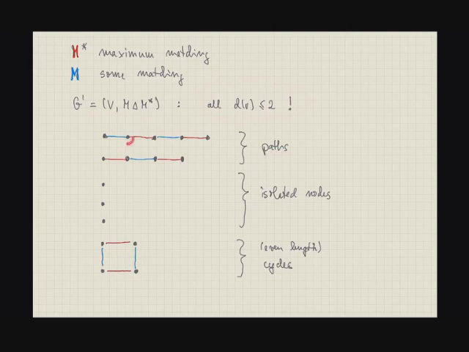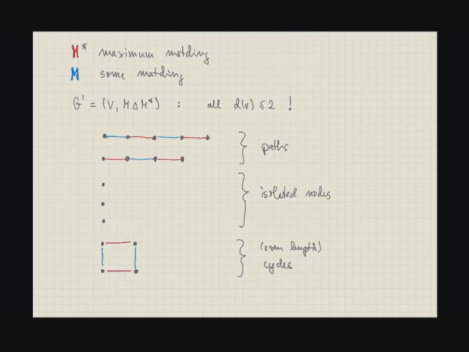So where the degree 2 is at the intermediate nodes of a path and degree 1 at the ends of the path. It could be isolated nodes. That would be nodes which are not matched in either of the two matchings. And this graph could also contain cycles. But since both M and M star are matchings, these cycles must have even length and contain the same number of red and blue edges.